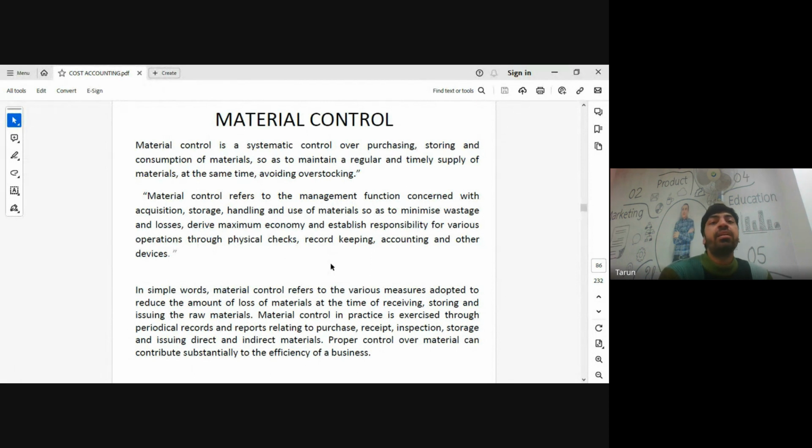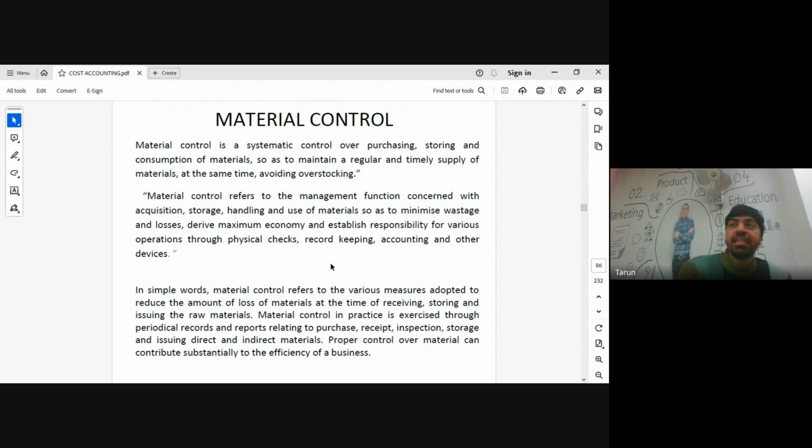What is material control? It refers to systematic control over the purchasing, issuing, storing, or any consumption of the materials in order to avoid overstocking, and also to maintain the regular and timely supply of materials. That's called material control.